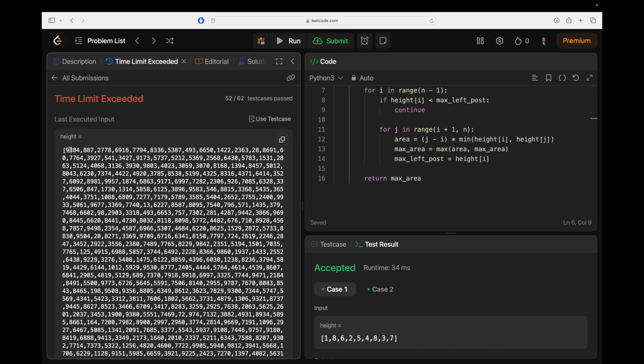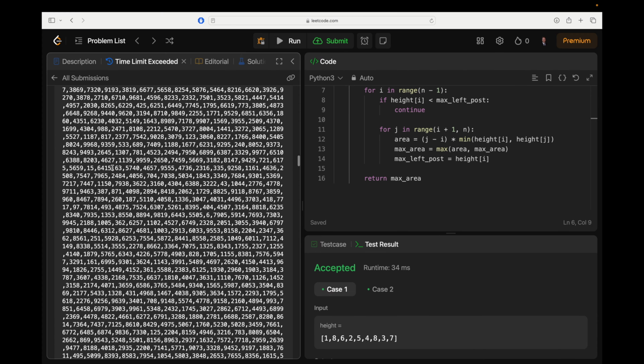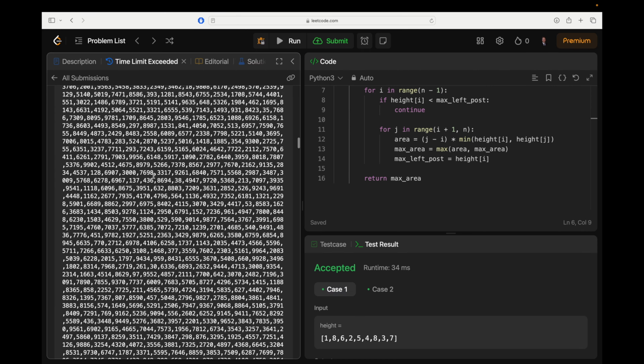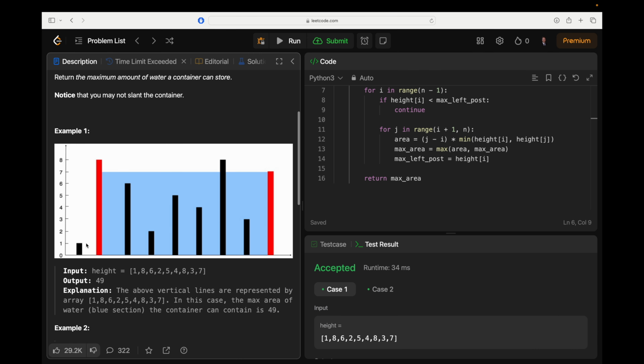I'm saying you don't even need to do the subsequent left posts if they're shorter than the other one. I know I've said this before, but it's because once you check this one, anything shorter will never have a greater value. Will never have a greater area.